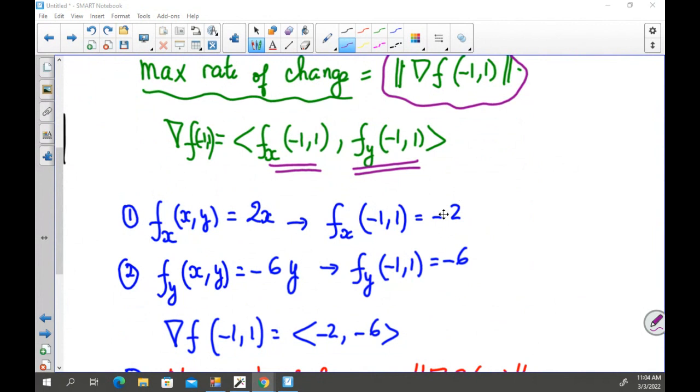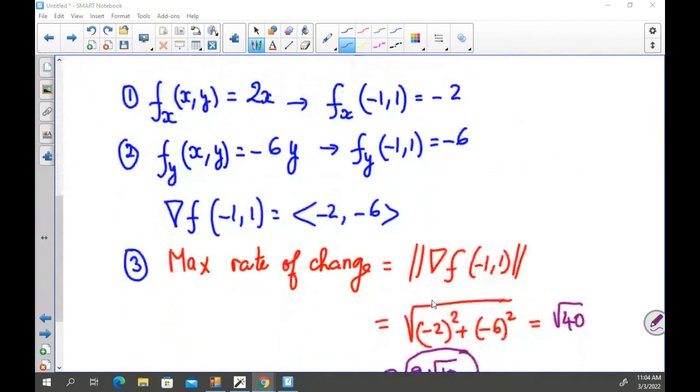Then take the square root of this squared plus this one squared. That's it. You don't even have to write the gradient. This minus 2 squared plus this minus 6 squared, the square root of that, that's the maximum rate of change. Does that make sense? Okay. So please just remember that. That's not a big issue.